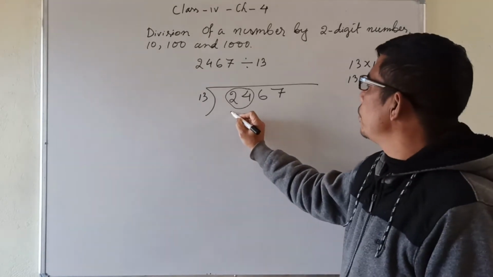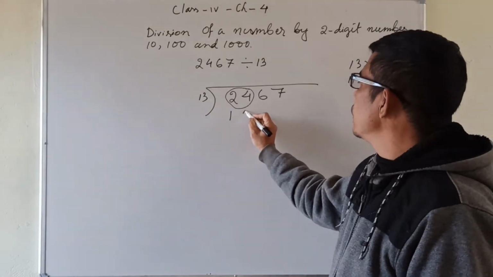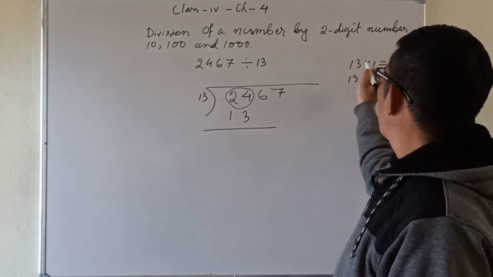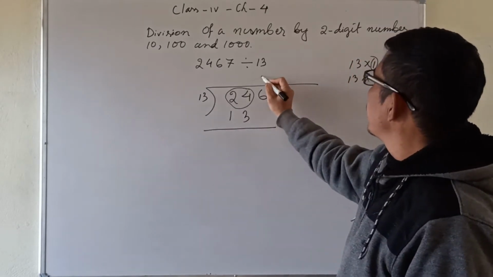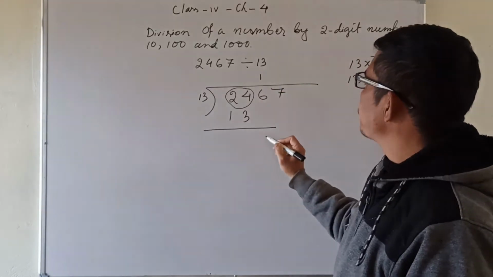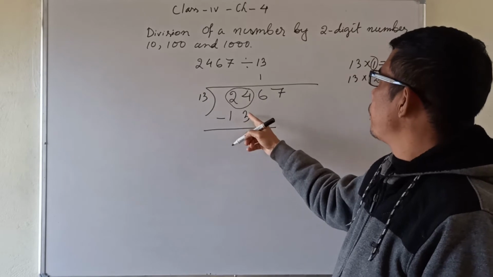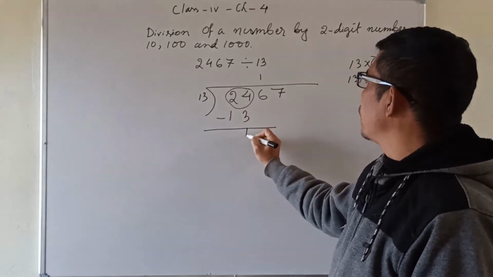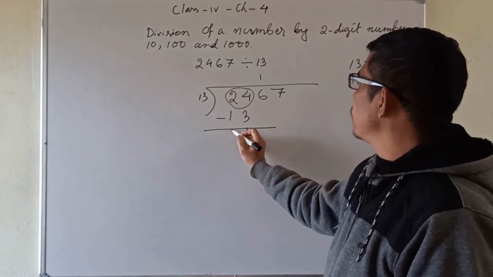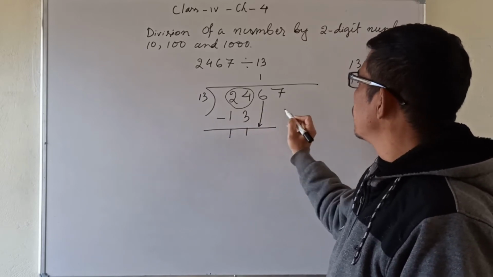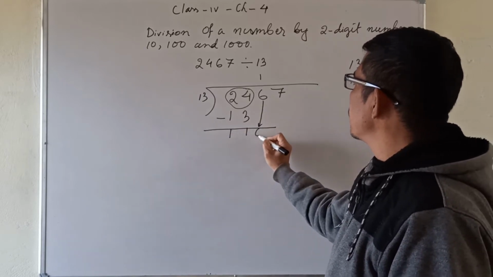So 13 will be written here, and we will write 1 here. Then let's subtract: 4 minus 3, 1. 2 minus 1, 1. Then next come down 6.